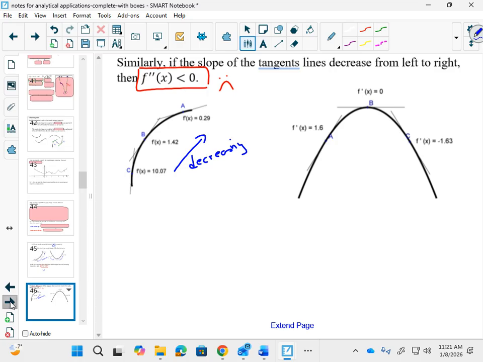If your slopes are getting smaller and decreasing, that means it's going to be concave down. So anytime your second derivative is less than 0, you know that your original function is concave down, and you know that your derivatives are decreasing.